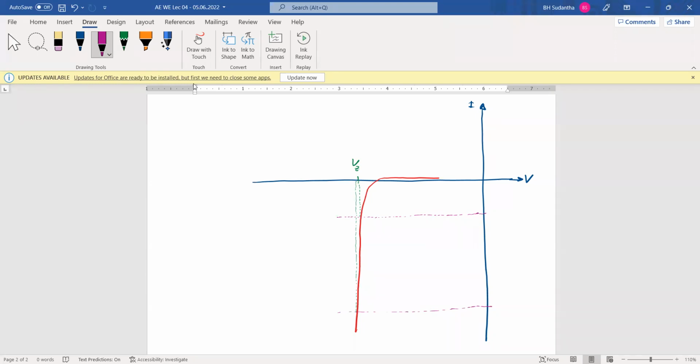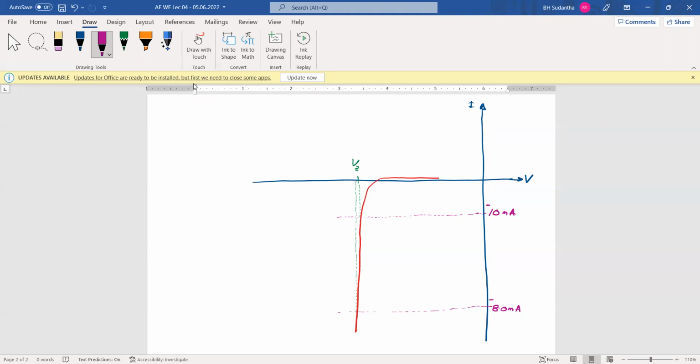Sometimes I put some figures here: this may be 10 milliampere and this may be 80 milliampere. When you send current through the Zener within 10 to 80 milliampere, the Zener voltage is fixed.